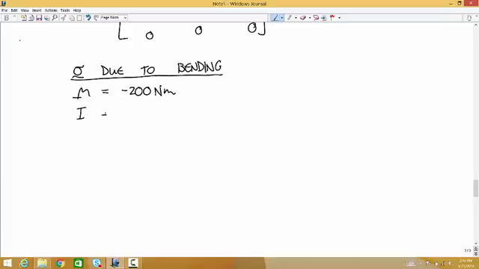The moment of inertia is 1/12 times the width times the height cubed. Can someone calculate that one? Okay.